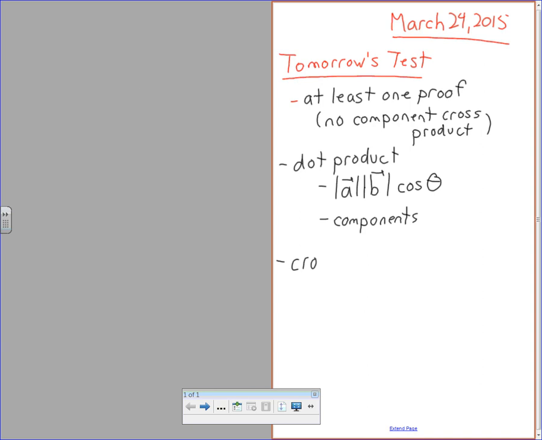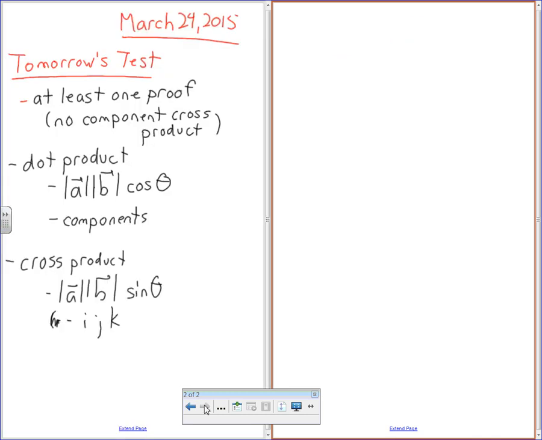Cross products, that's magnitude A, magnitude B, sine theta, and no components. Let me rephrase here. I'll do the IJK, is what we'll need for that one. Does that make sense if I write that? Yes?